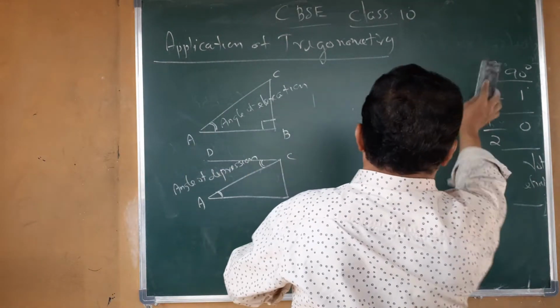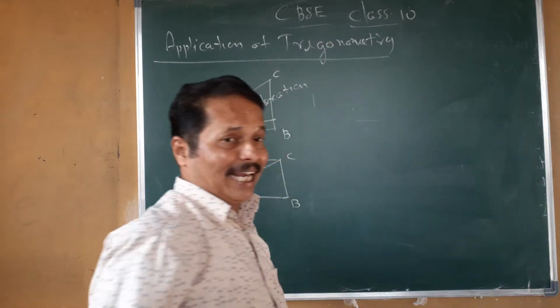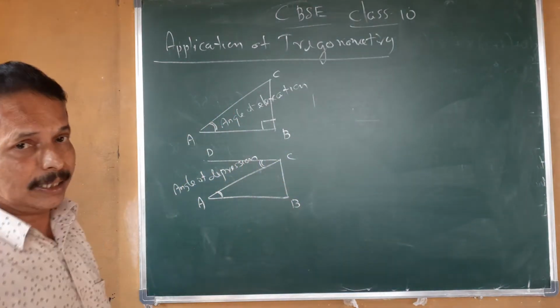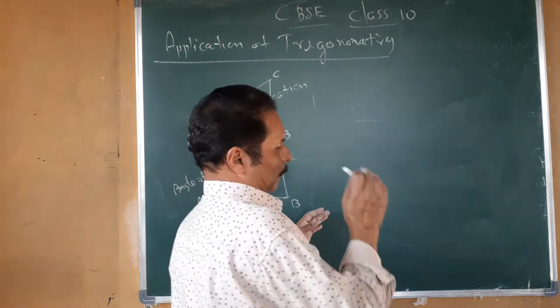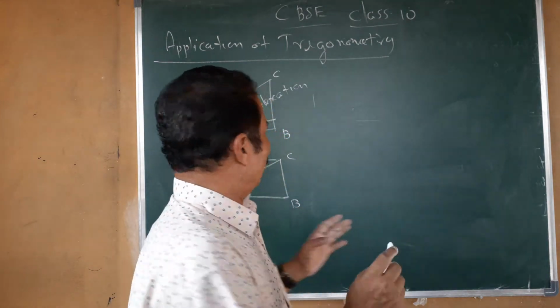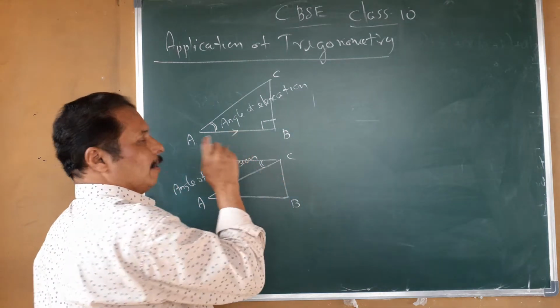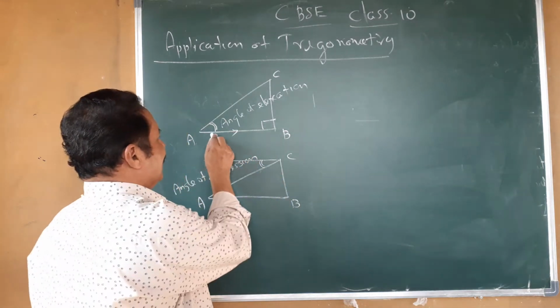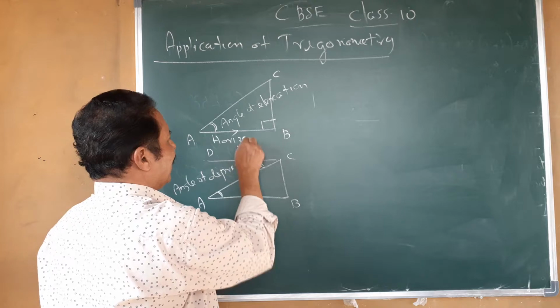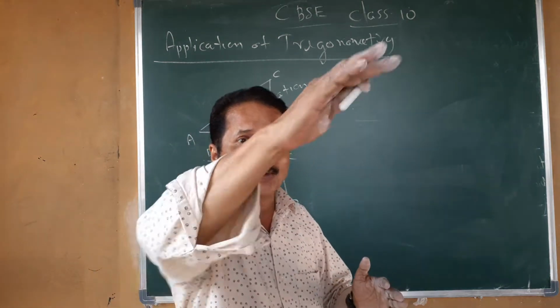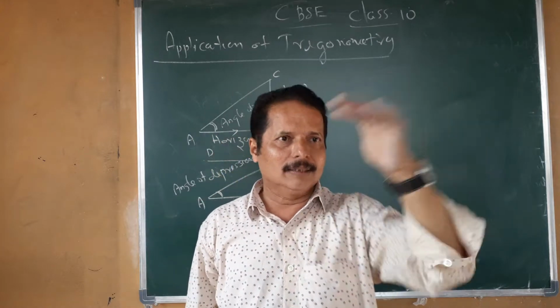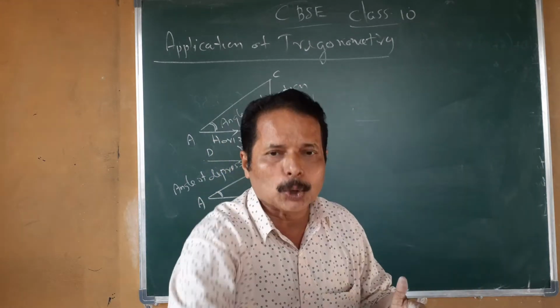Now start. Angle of elevation. Look here. Now in normal position with your eye, this is the horizontal ray. Horizontal means parallel to earth. And I am looking straight, then this ray is parallel to earth.